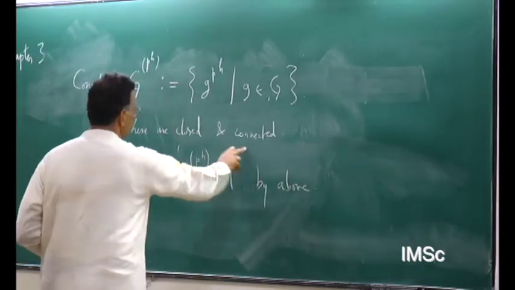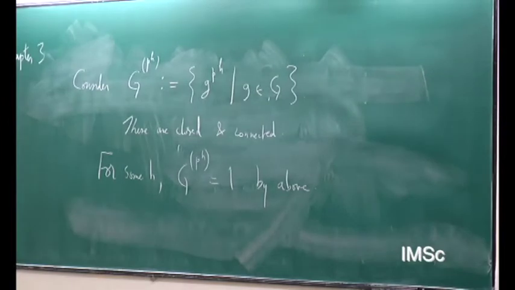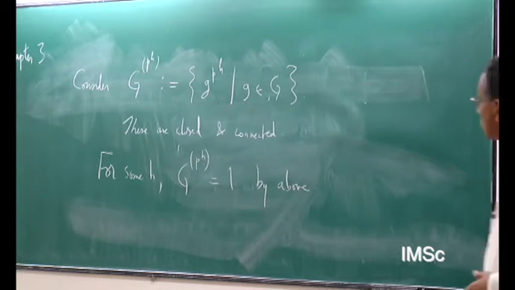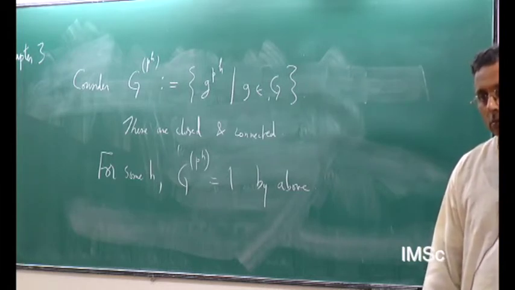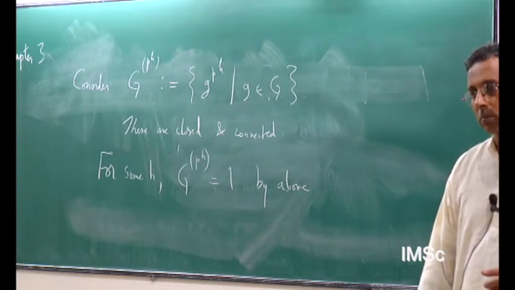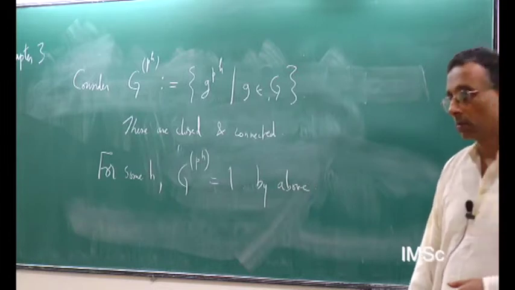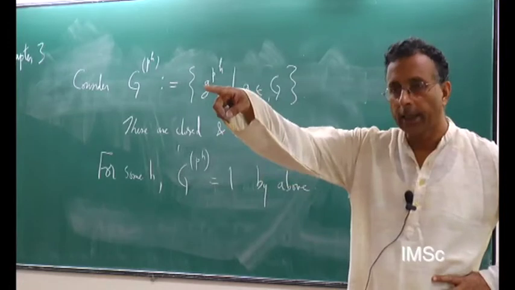Okay, can you tell me why these are closed and connected? Because you started with G connected, under multiplication maps. So G to the P to the h is connected.